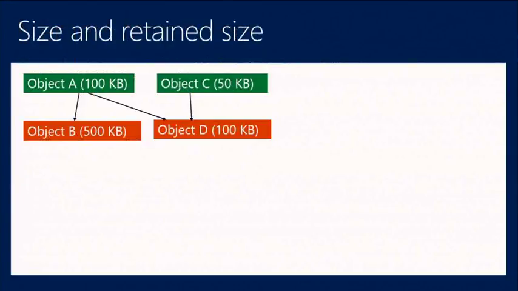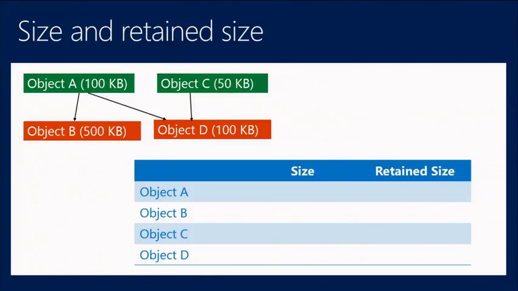This is best served with a graphic. Now, I've got object A, which is 100 kilobytes in size, and it holds a reference to two other objects, B and D. B being 500K, D being 100K. Object C is 50K on its own, and it holds a reference to object D.